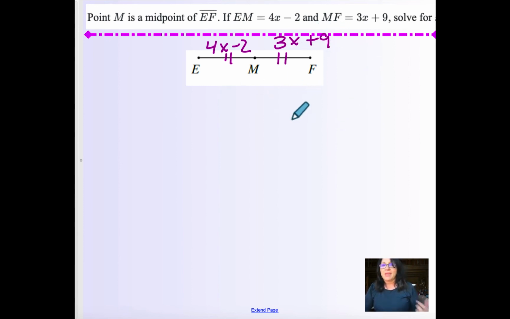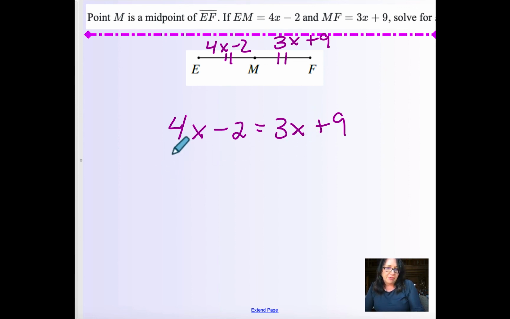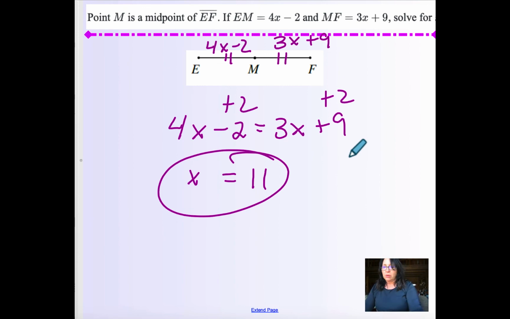Now, I know that because it's a midpoint, the two segments have to be equal. So all I have to do is go 4x minus 2 equals 3x plus 9 and solve for x. So I'm going to bring 3x to the left, and that makes 1x. I'm going to add 2 to both sides, and I get x is equal to 11.